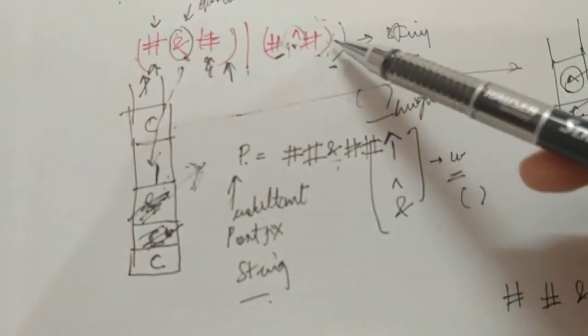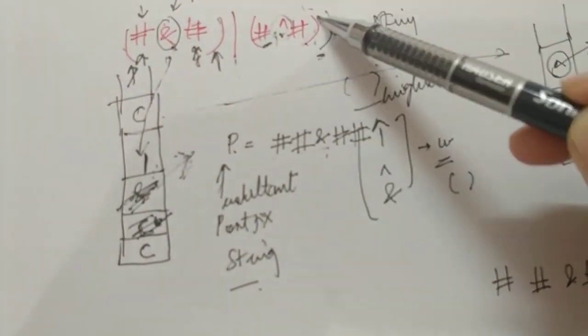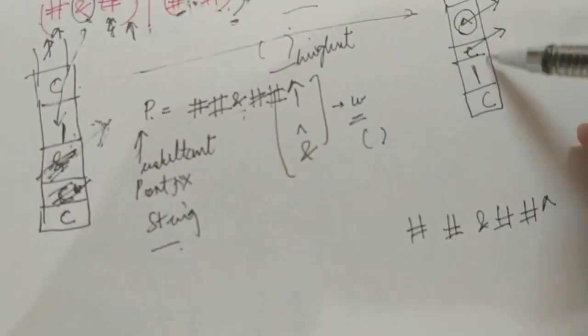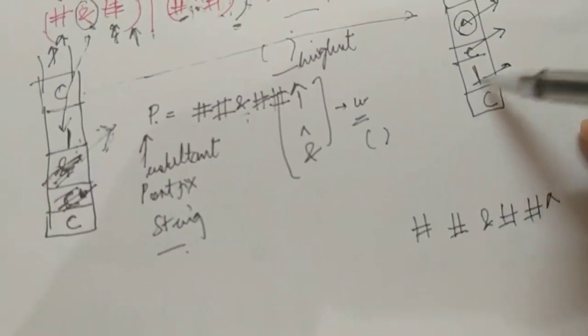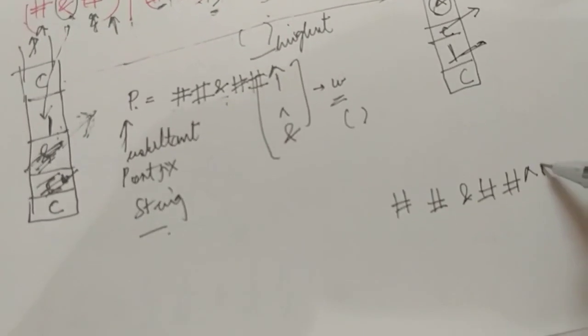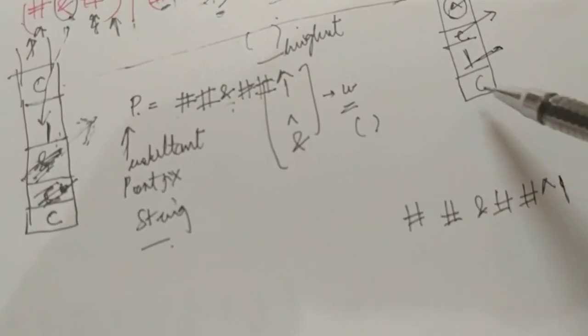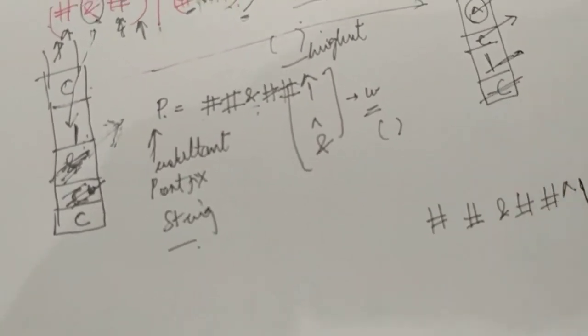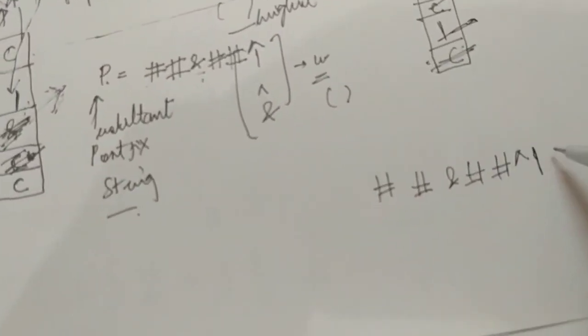Now we move forward. We encountered closing braces again, so we pop this operator out of the stack, append it into the string, and simultaneously pop this part also from the stack.